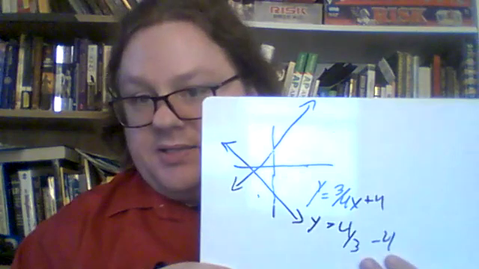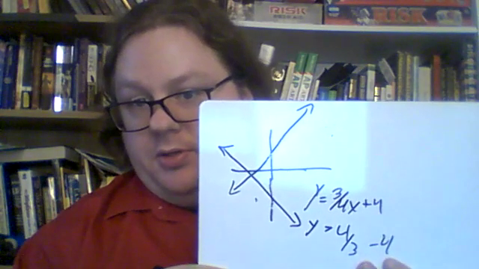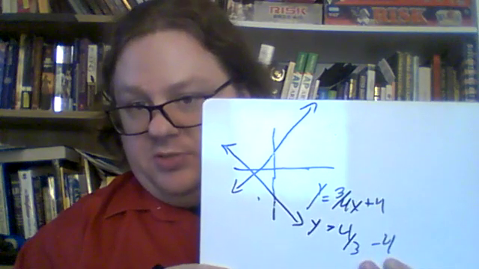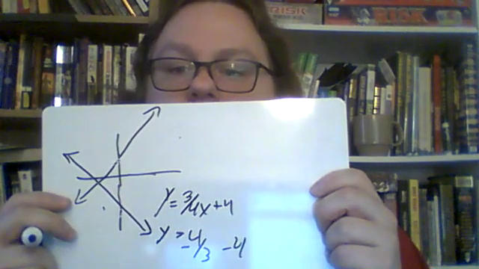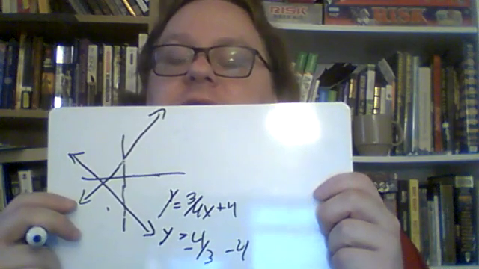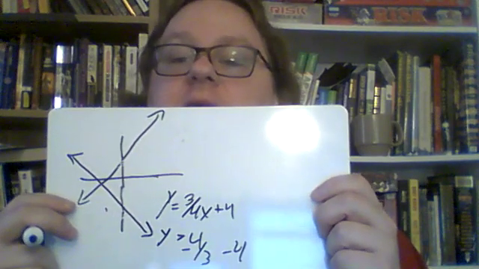Now those two lines are perpendicular. They have exact opposite slopes. Negative. So that's what's called the negative reciprocal. Negative reciprocal means you turn it negative and flip it upside down.